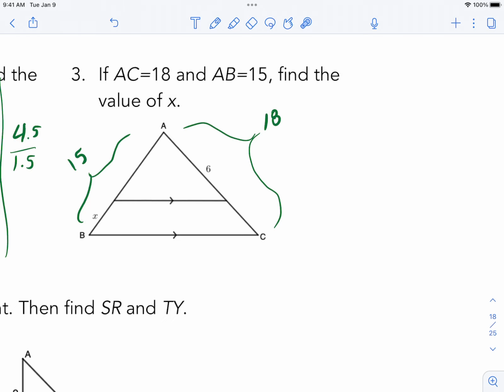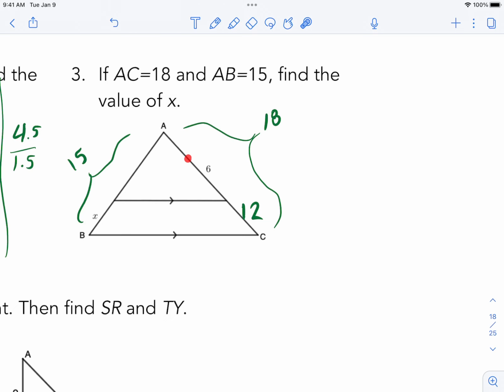Well, if we know that this total length is 18, and we know that this portion of it's 6, what is this portion going to be? 12. Okay? Now these are definitely not drawn to scale, right? That's 6, that's 12, that doesn't make any sense. Maybe it's better if the numbers are flipped here. But if that's 6, and this has to be 12 if the whole thing is 18.